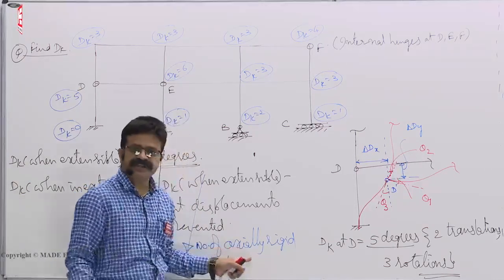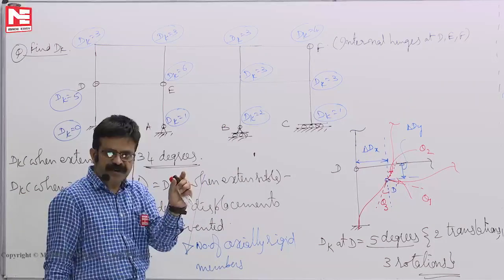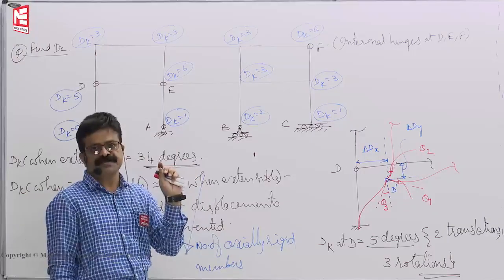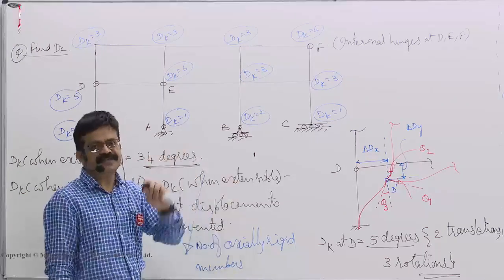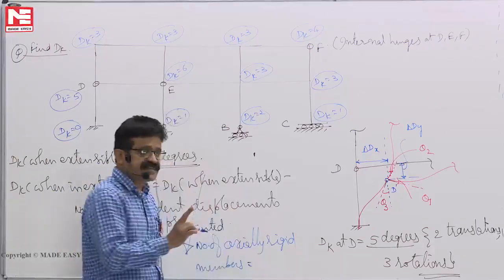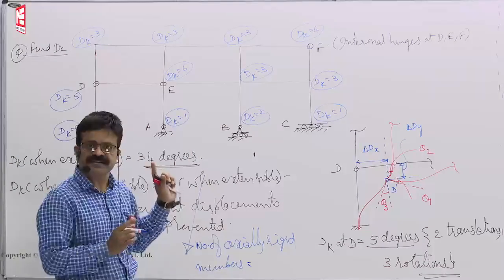This you cannot use when bracing is done, because one member is useless. Under compression, the bracing rod will not take any force, so it will not resist any displacement at all. Force itself will become 0 in that. So when bracing is done, don't use this formula of number of axially rigid members. Other cases we can do it.